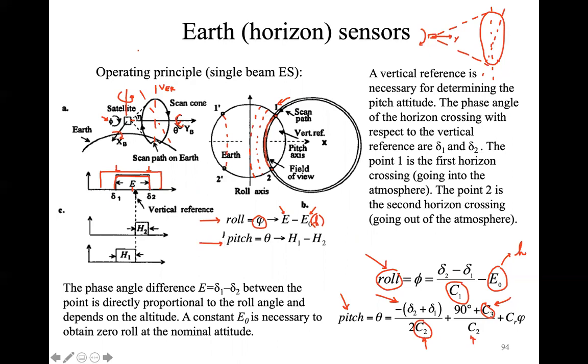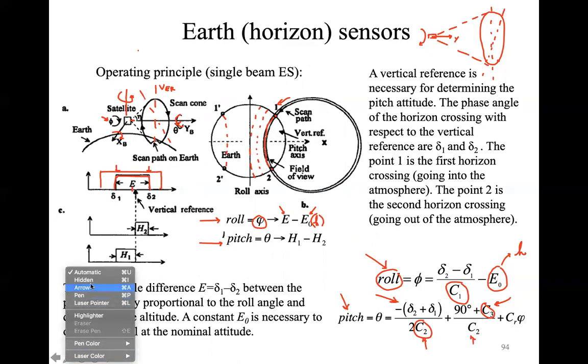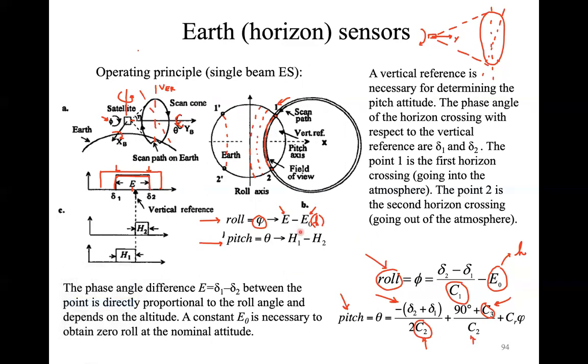The main problem here is that the roll angle is directly dependent on E0, the signal that you receive at a certain altitude. The intensity that you receive from your detector changes as the altitude of the spacecraft changes. If you are going higher, E0 tends to be lower because you are receiving less signal.